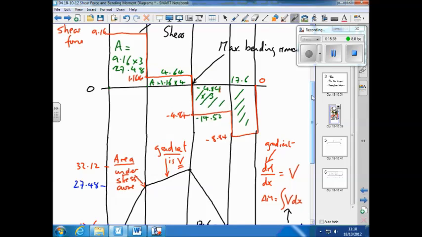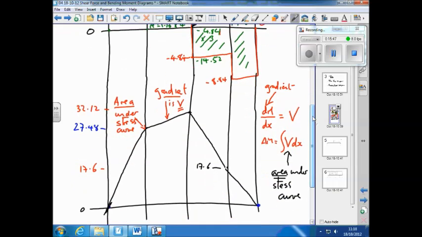The area on the left of our maximum bending point must equal the area on the right, and that maximum bending, where the shear goes through 0, is shown on the bending moment diagram underneath. So this beam is experiencing a maximum bending moment of 32.12 kilonewton meters at this point here.